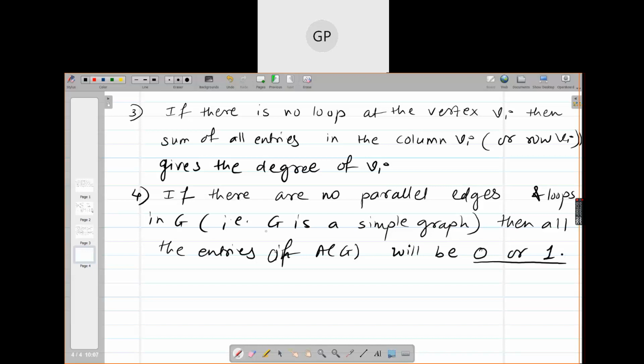So it will be a binary matrix. Okay, for simple graphs, the adjacency matrix will be a binary matrix.